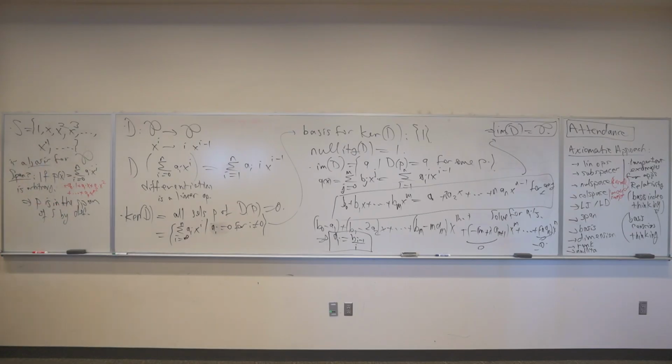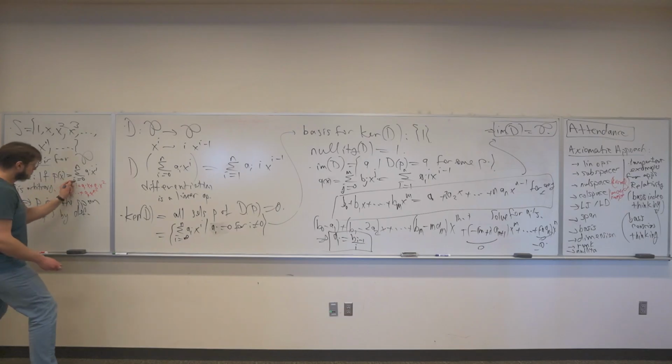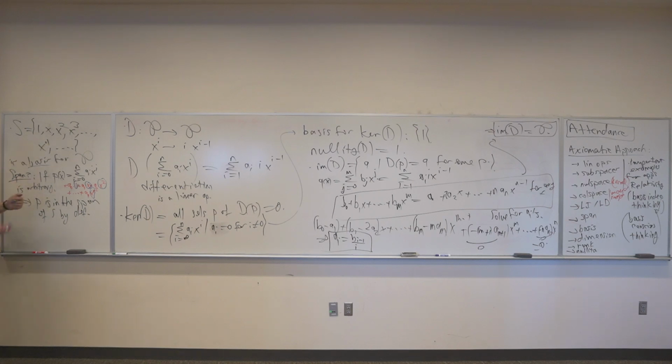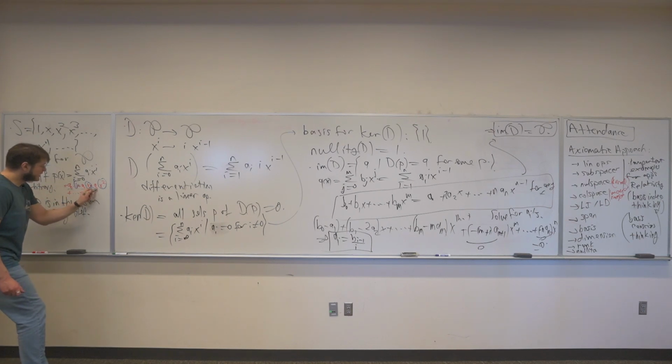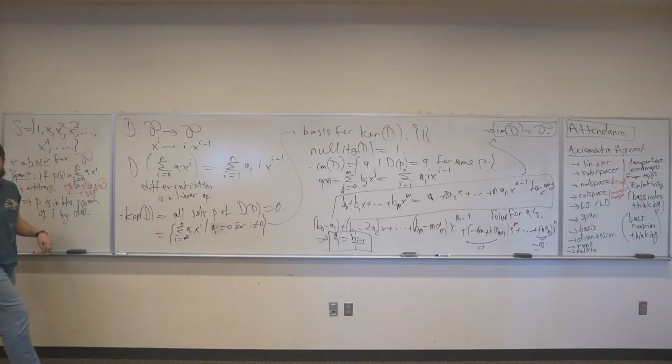See? These are all vectors in my set. These are all scalars. So I'm taking an arbitrary linear combination of vectors in S. So this set spans the whole set of polynomials. So span is okay.